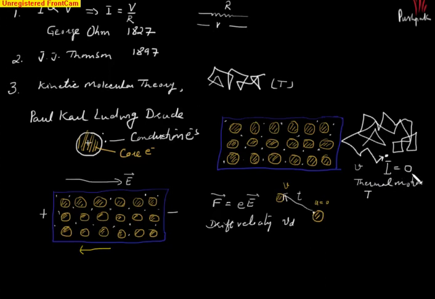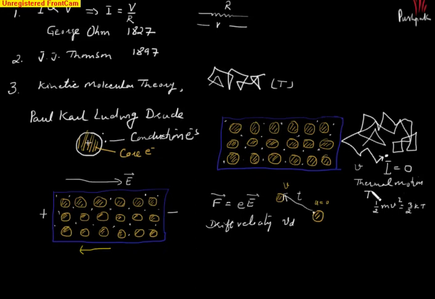The velocity during thermal motion may be given by the kinetic energy of these electrons, half mv square, which will be equal to 3 by 2 kT. That is according to the kinetic theory of molecules. In the same way, we can find the velocity of these electrons when there is no electric field.